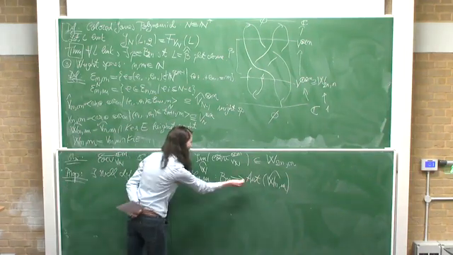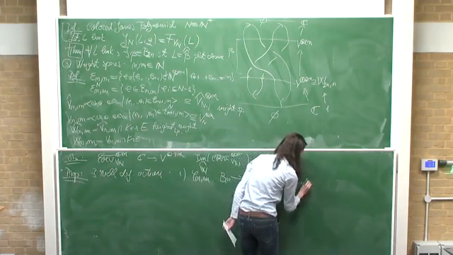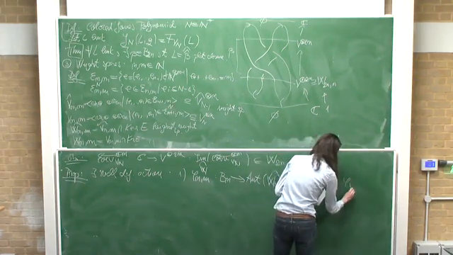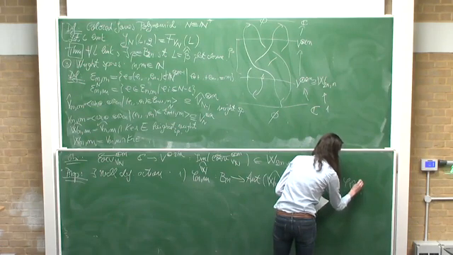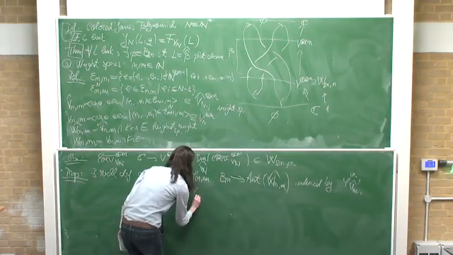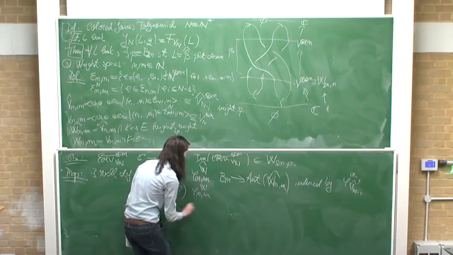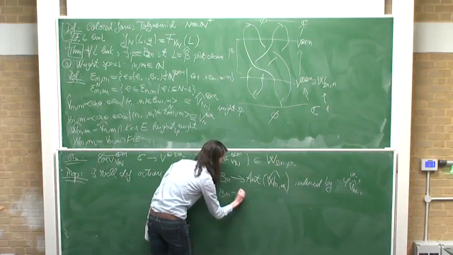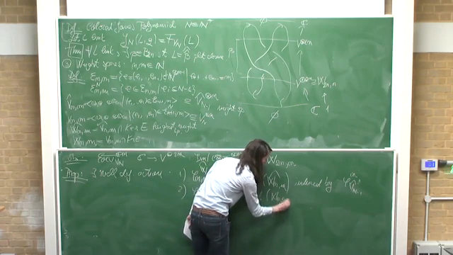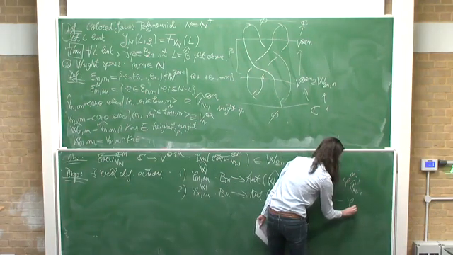Okay, so we have this action which is induced by phi on the homology, and a similar action on W for the finite dimensional thing, which will be induced by the corresponding function.